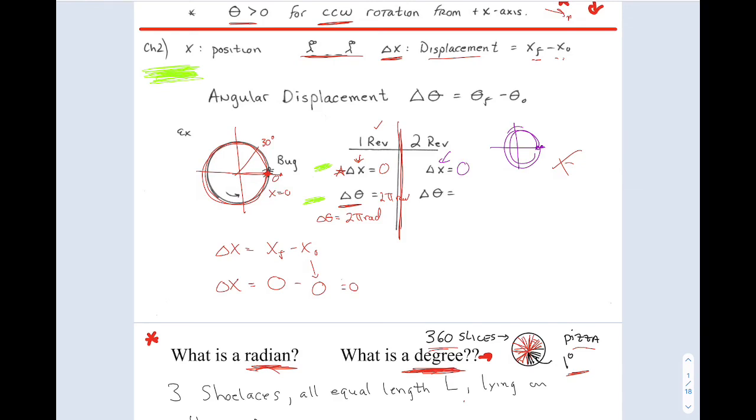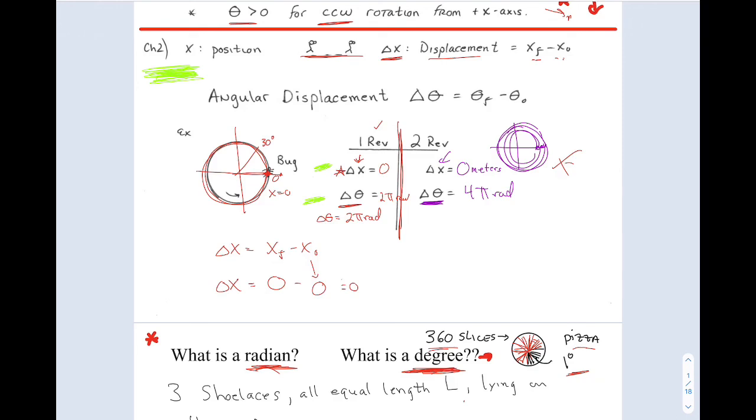Started here, went around twice, ended up there. Delta x is 0, or you can write 0 meters. Doesn't matter, 0 times the meters is still 0. My angular displacement delta theta: it went around once, that's 2 pi. Another time, that's another 2 pi. So 2 pi plus 2 pi gives you 4 pi.